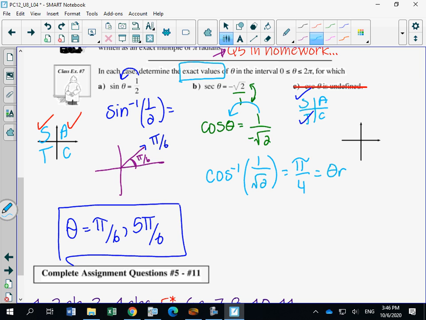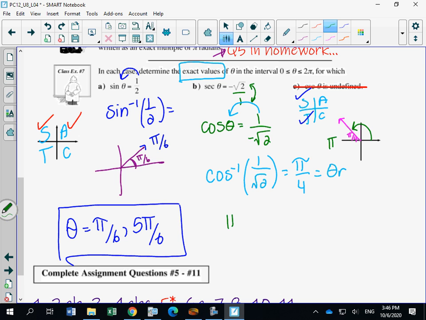Now you need to take that reference angle and put it into quadrant 2 and into quadrant 3. In quadrant 2, it would be right here. If that little reference angle is pi over 4, I need to figure out what that rotational angle is, and I need to subtract pi over 4 from pi.